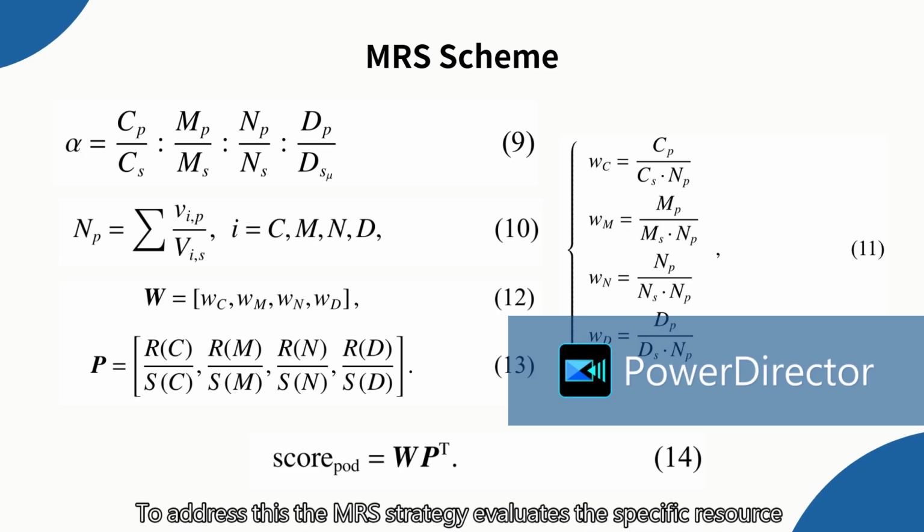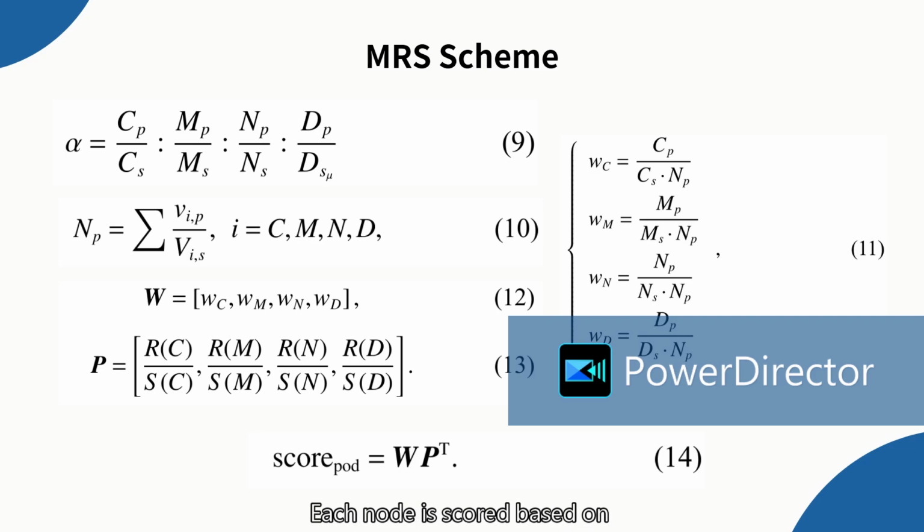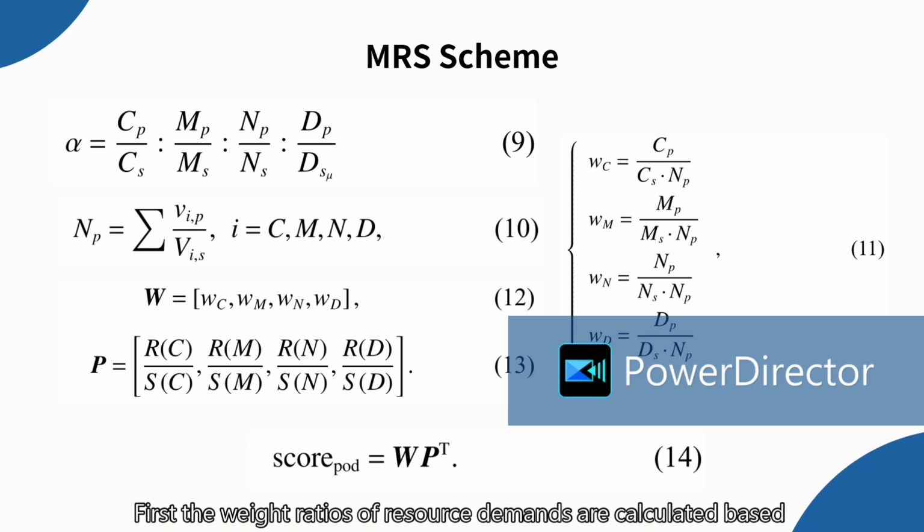To address this, the MRS strategy evaluates the specific resource requirements of each pod instead of simply categorizing jobs. Each node is scored based on how well it satisfies the pod's resource demands.